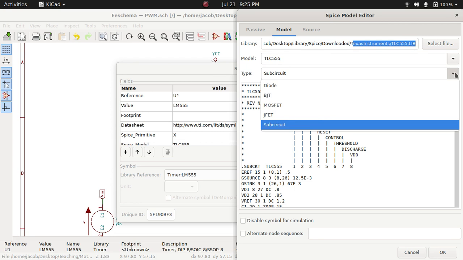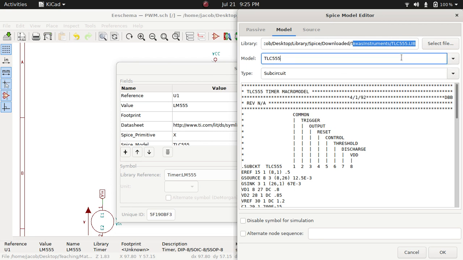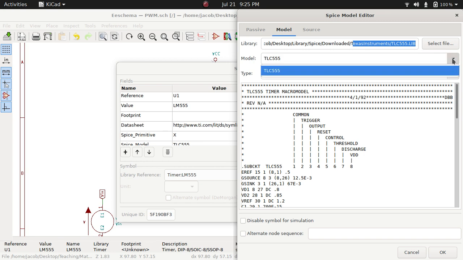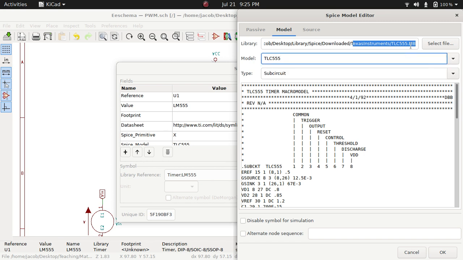I am selecting sub-circuit here, and the only model in that particular file is this TLC555, which is a good enough representation of the commercially available 555 IC, and I am using that as it is.